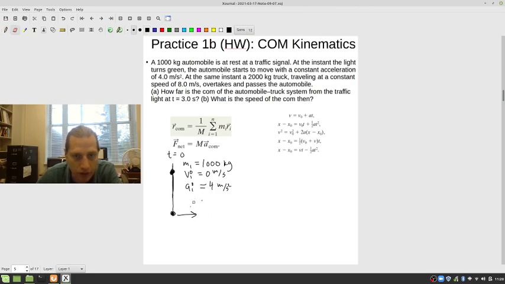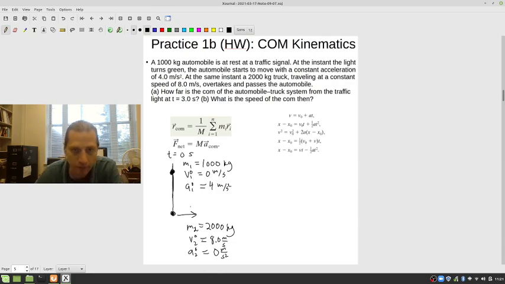Okay, so let me just write it in the same way where I have the mass 2 is going to be 2,000 kilograms, and the speed of the second truck is 8 meters per second. And the acceleration of this, I'm going to put a little 0 to indicate that this is at time equals 0 seconds. And the acceleration is 0. This truck is just going at a constant speed.